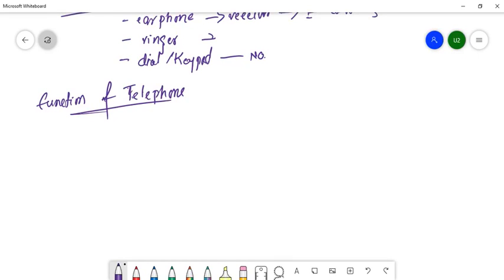And it is understood. Microphone, as we already discussed, is one of the components of telephone. So the microphone is a flexible piece of plastic, which is called what? Diaphragm, with an iron coil attached to it.